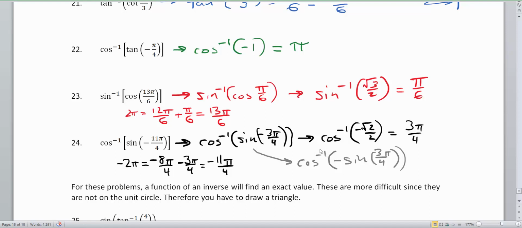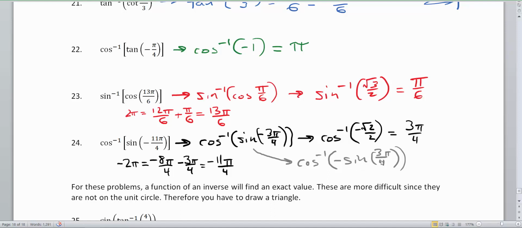So it is good to remember that for any function that isn't cosine or secant, you can take the negative and move it to the front. If it's cosine or secant, you just drop the negative, because the rotation doesn't matter with respect to x. Yes, I did cover this in a previous video. You'd have to really hunt to find that.